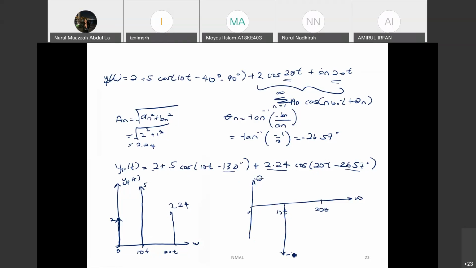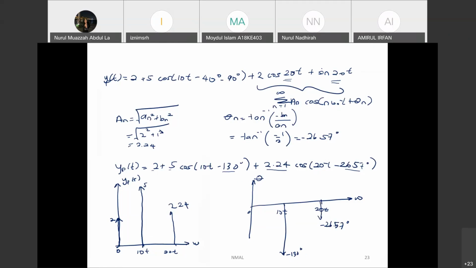Okay, this is just like plotting, a sketch. So you don't have to be very precise in terms of the degrees or the scale here. This one is negative 26.57 degrees. Okay, so any question? Any question? Any question?